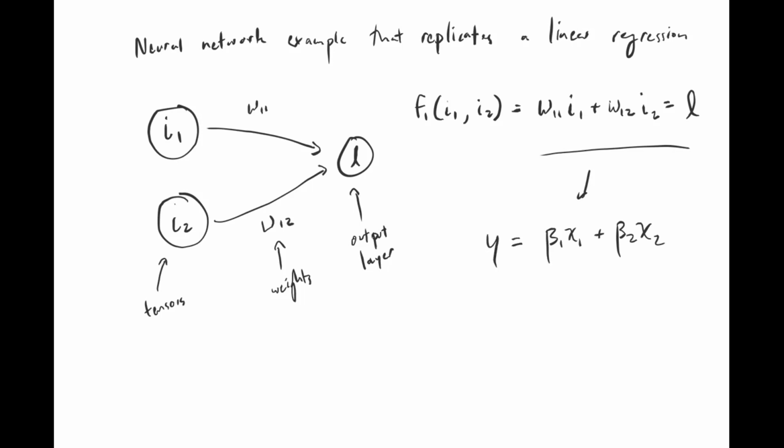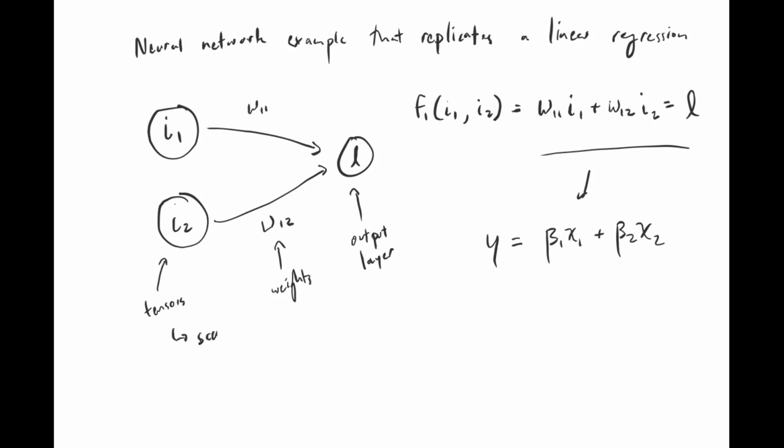These I's are essentially my data inputs, but one of the differences is that these tensors can be arranged in multiple ways, and it follows the nomenclature that we use in R.